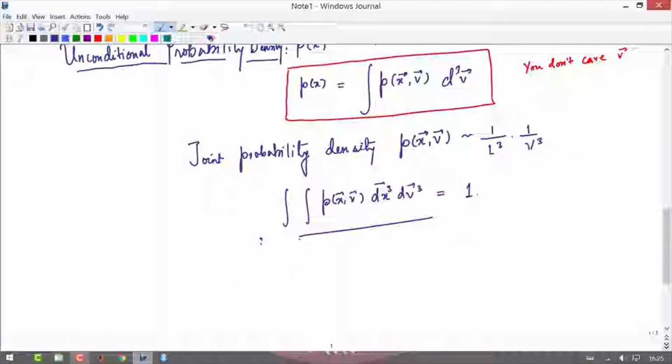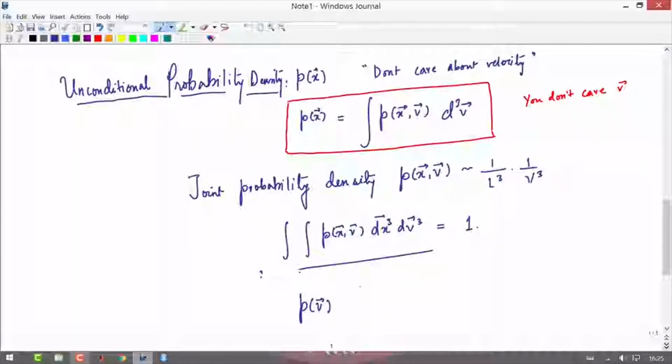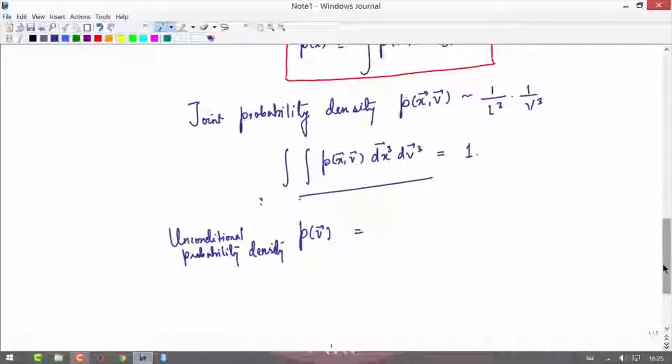Another unconditional probability density that you can construct is the unconditional probability density of velocities.